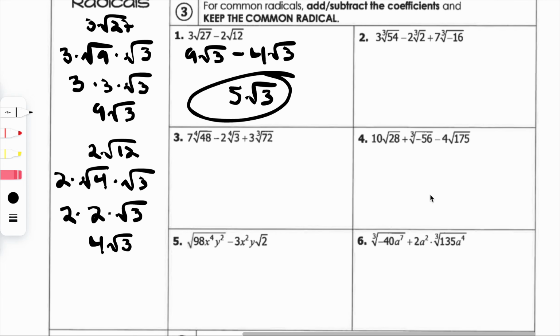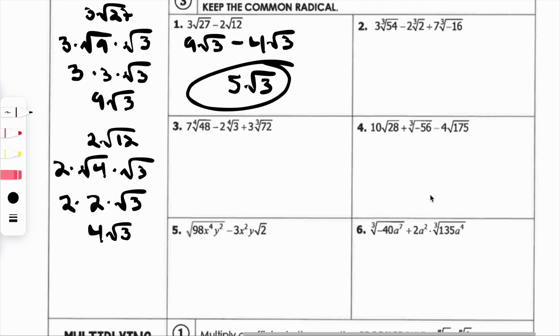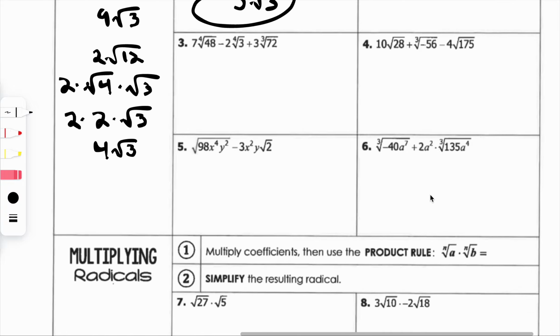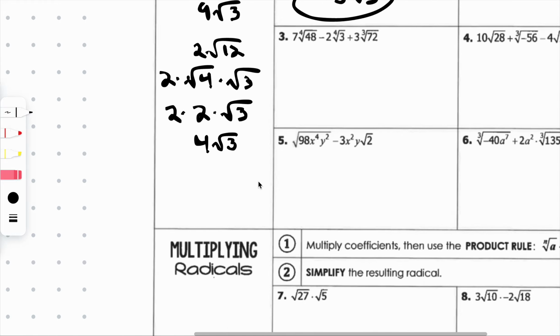Okay, let's do number 5. So for example, number 5, we have root 98. Well, let's think about some perfect square factors of that.